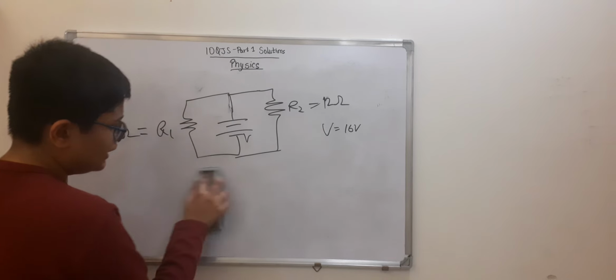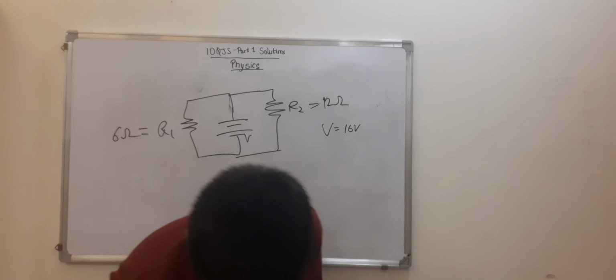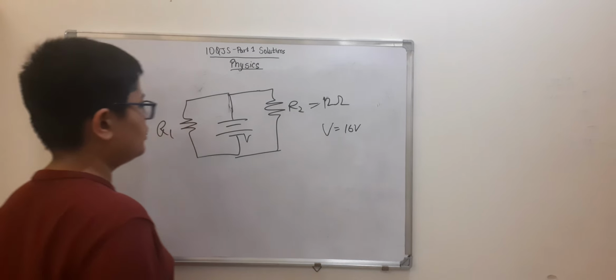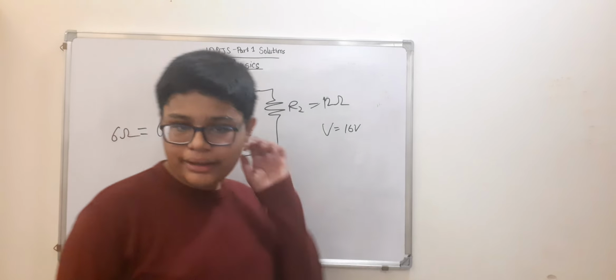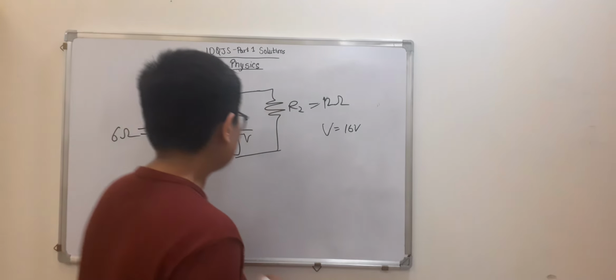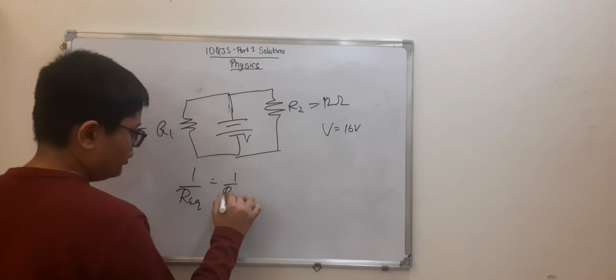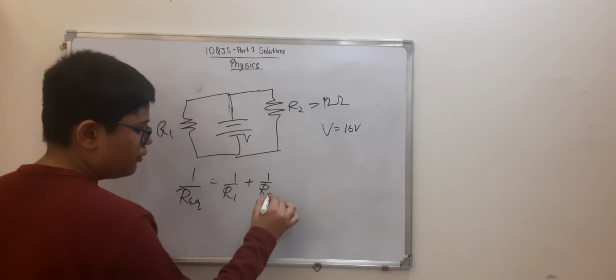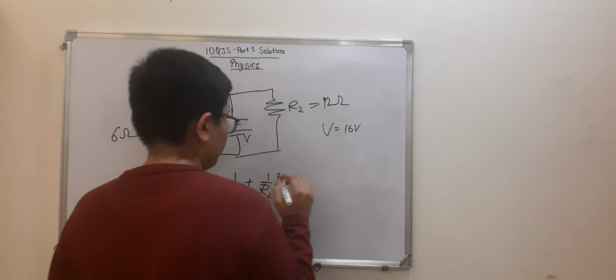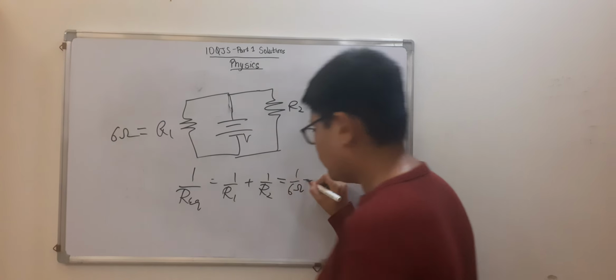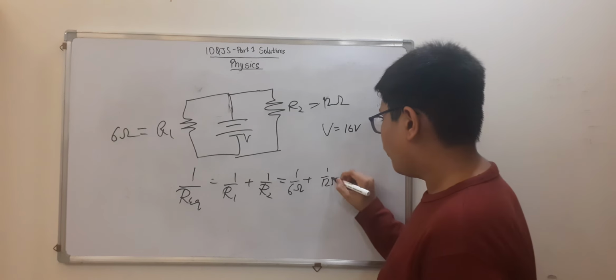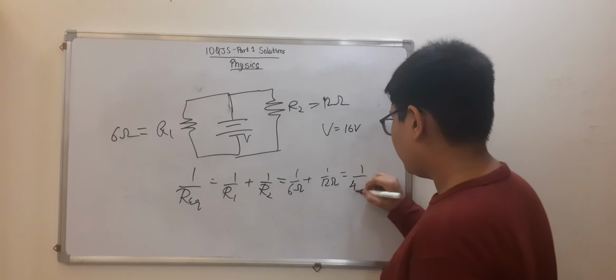The next option says that the total current drawn from the cell is 4 amperes. First we need to calculate the equivalent resistance, so let that be R equivalent. 1 by R equivalent equals 1 by R1 plus 1 by R2, which is 1 by 6 ohm plus 1 by 12 ohm. When you solve, you get 1 by 4 ohm.